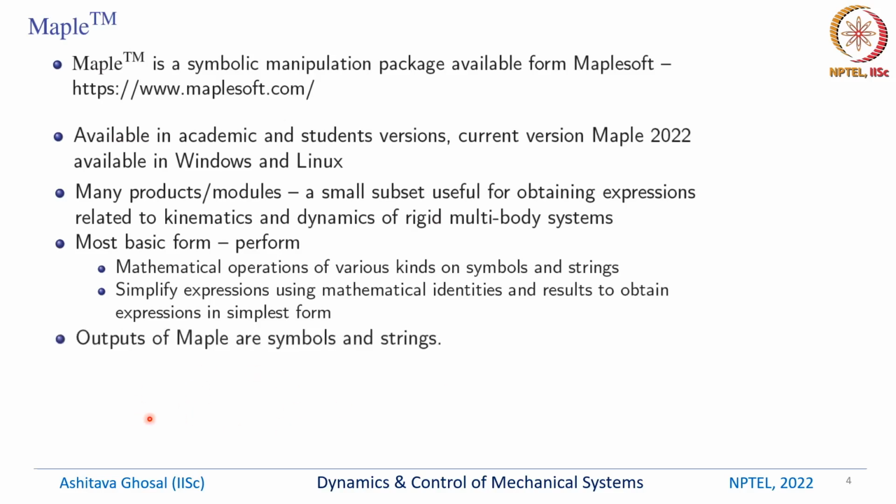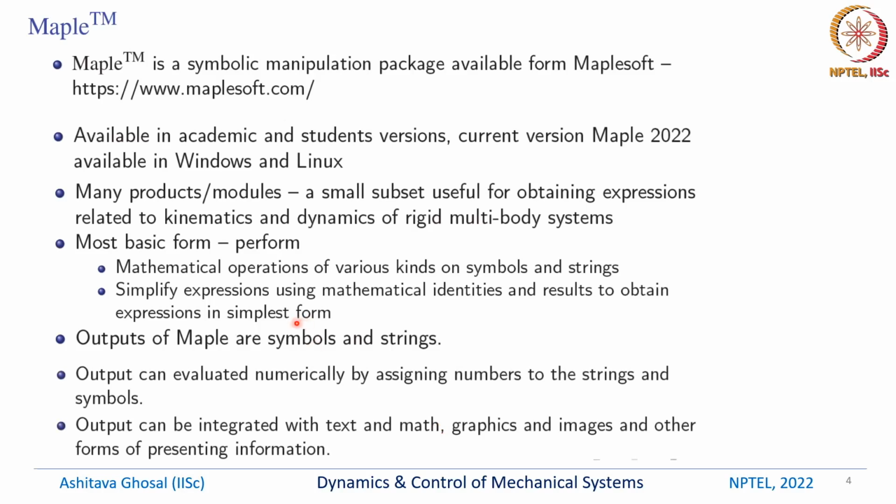The output of Maple are also symbols and strings. They are not numbers. They can be numbers, but you can use Maple to obtain expressions of equations of motion, and I will show you examples. The output can also be evaluated numerically by assigning numbers to the strings and symbols.